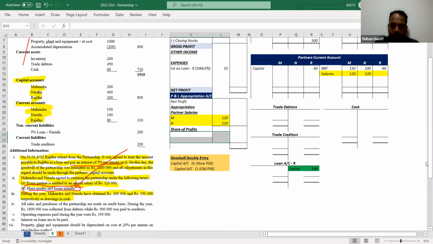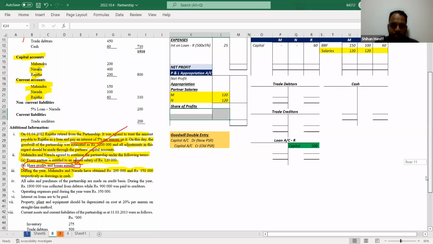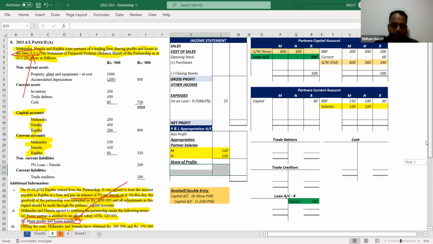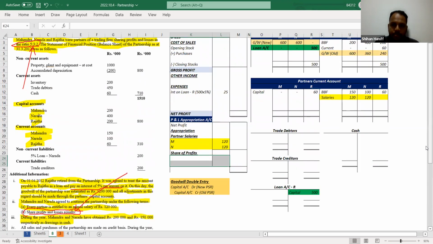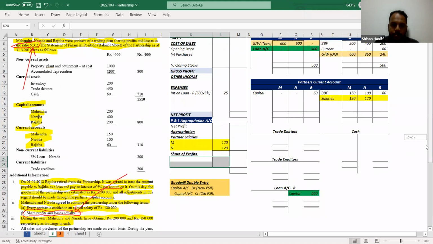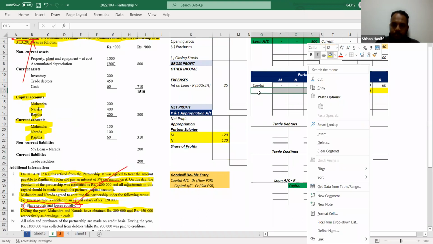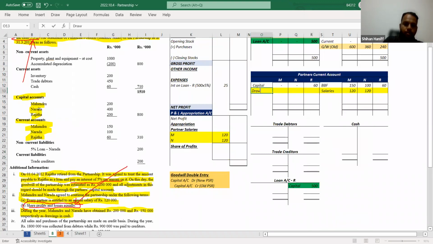So we need to check whether there is any interest on drawings. I didn't see any interest on drawings. So we can just record the drawings amount in the current account. Drawings.